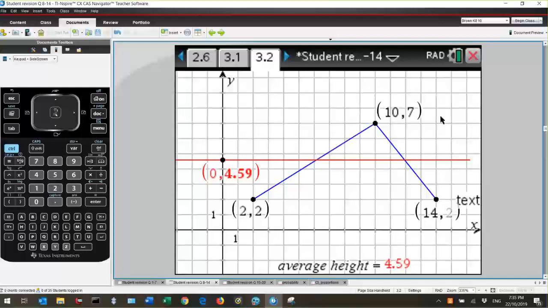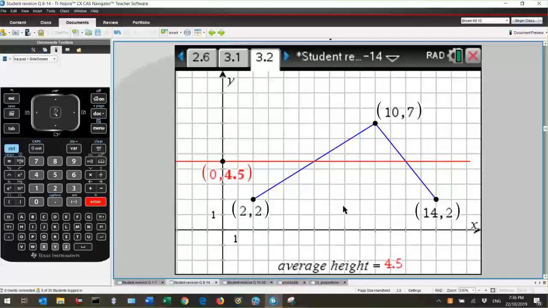The difference between 2 and 7 is 5 units. So 2.5 each way. So 2 plus another 2.5 brings me to 4.5. So just by inspection, without doing any great calculation, I reckon that the average is 4.5.